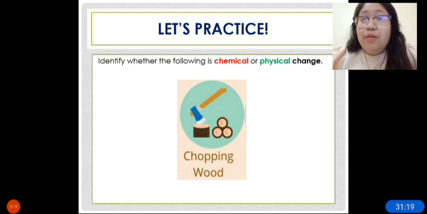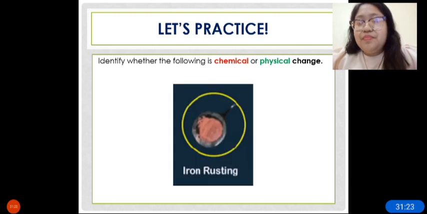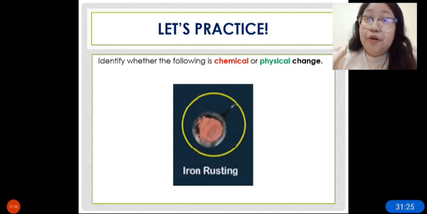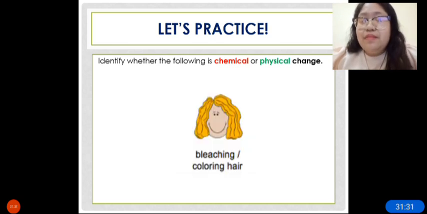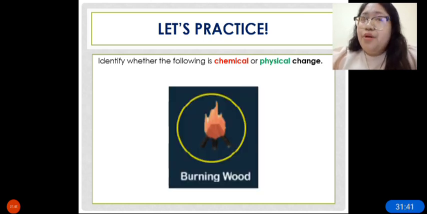Is this a chemical or physical change? How about iron rusting? Is this a chemical change or physical change? Now we have bleaching or coloring of hair. Is this a chemical or physical change? Now burning of wood. Is this a chemical change or physical change?